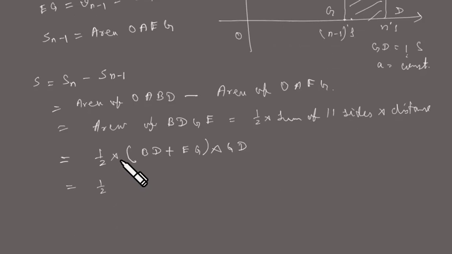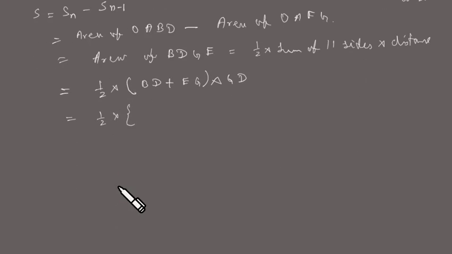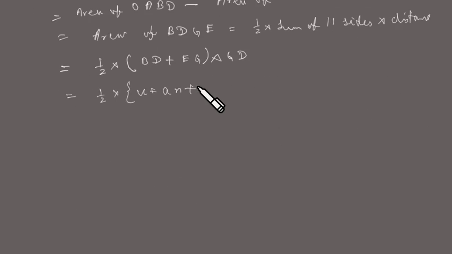So it equals half into BD plus EG. BD is U plus AN, and EG is the velocity in n minus 1 second, which is U plus A into n minus 1, into GD, which is simply 1.